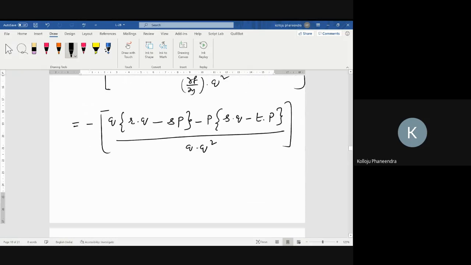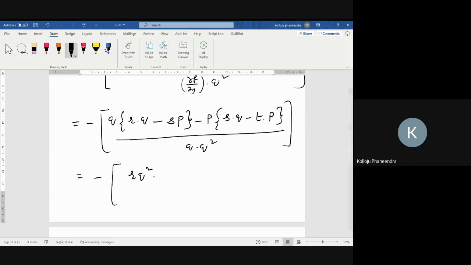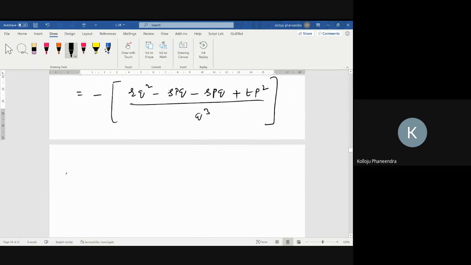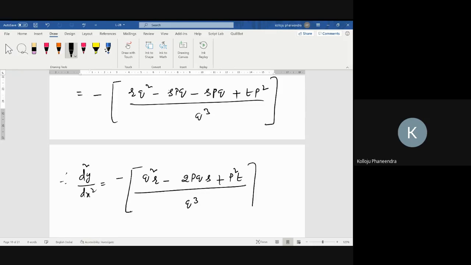If I simplify this, minus r q square minus s p q minus s p q plus t p square, whole by q. So lastly, d²y/dx² is equal to minus q² r minus 2pqs plus p² t whole by q³. Exactly the same expression we are getting.